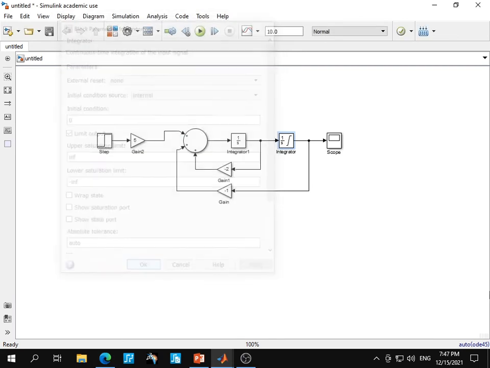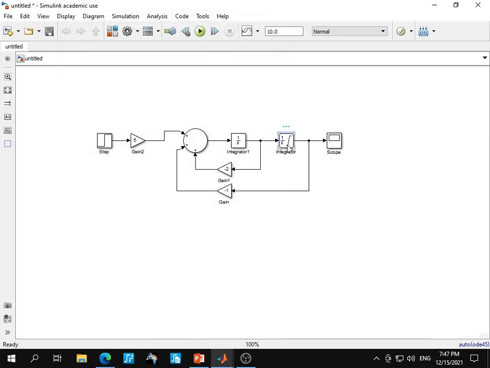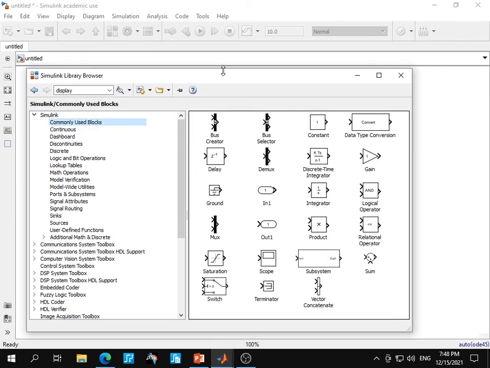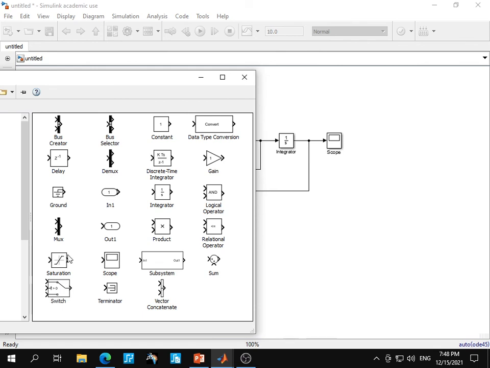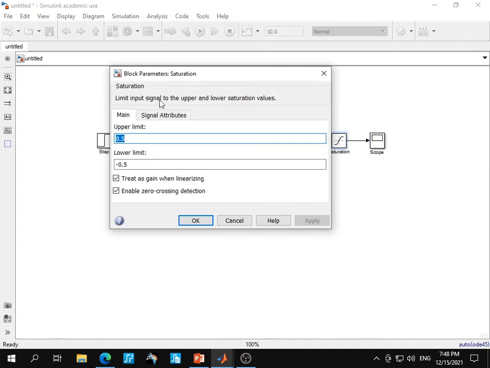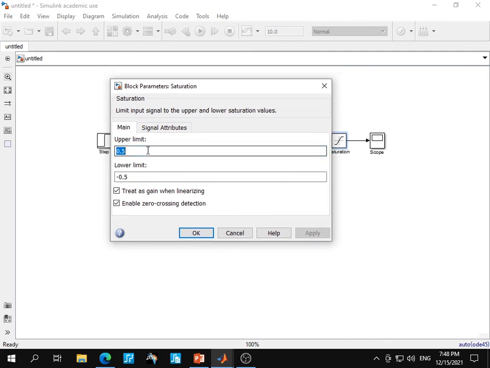Another way to do it is you can find it in the commonly used blocks, saturation. And you put it here, between the line. So right here, you can see the same setup.